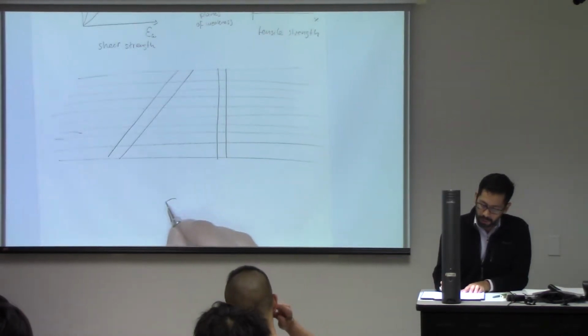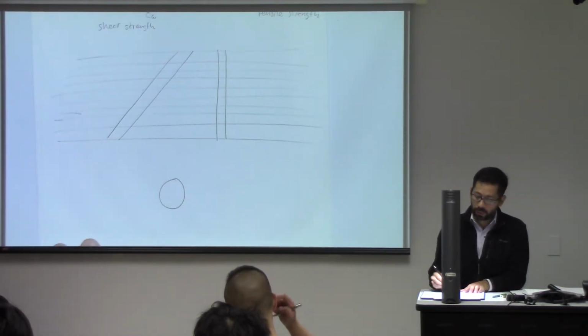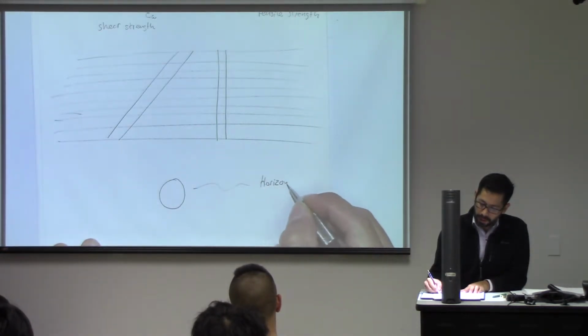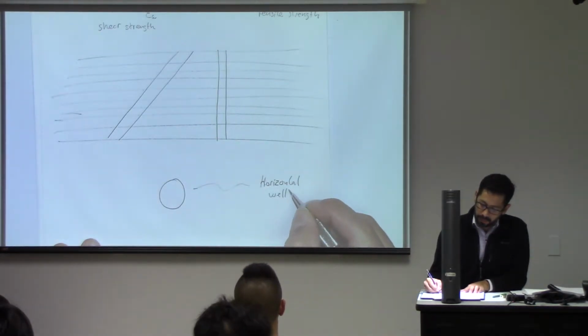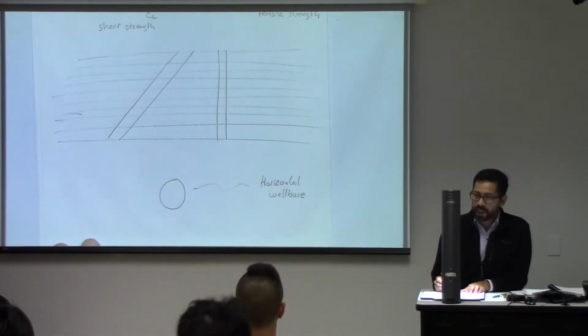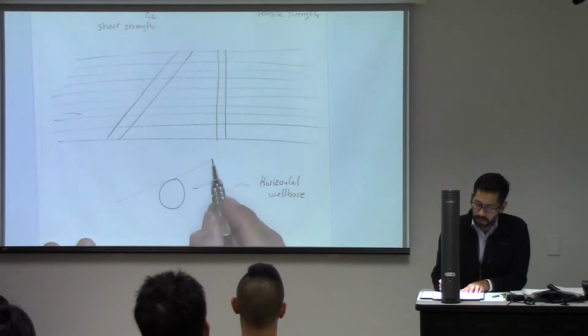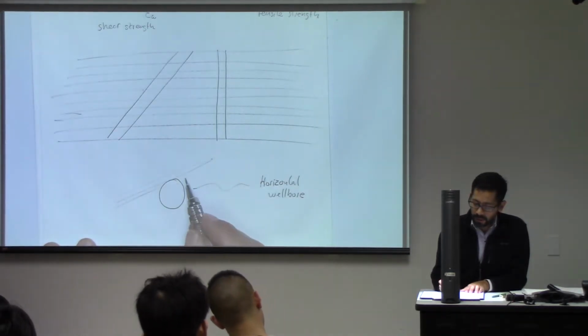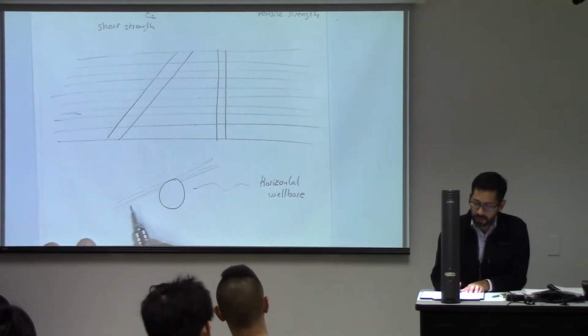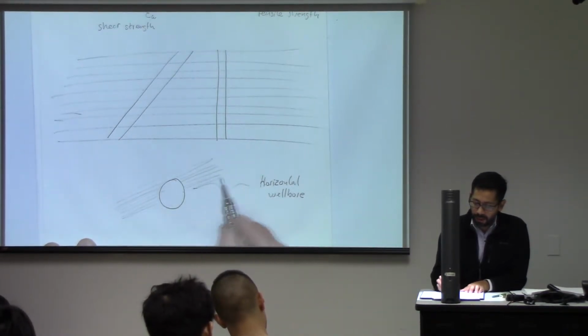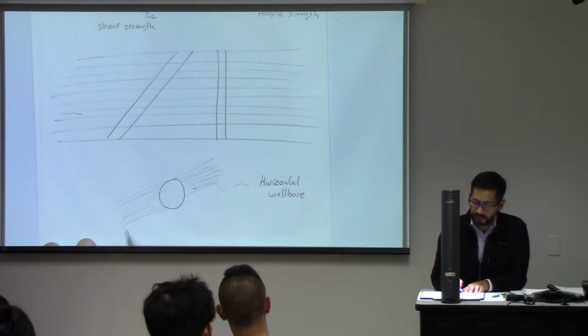Let's imagine we have a horizontal wellbore, and then we have a rock which is laminated, but it is dipping at a given angle like this. And those lamination planes are planes of weakness.